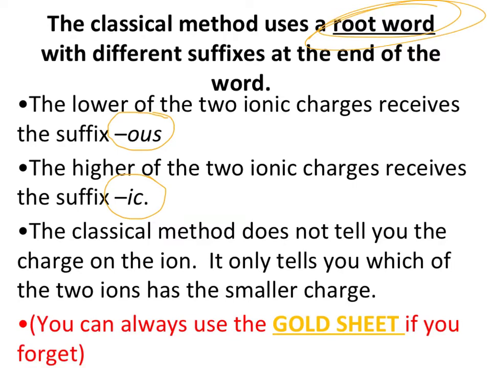So the thing about this, it does not tell you the specific charge. You can't find out a 2 or a 3. This is just telling you that this is the lower and this is the higher. So you can see why it would be beneficial to use the stock method.